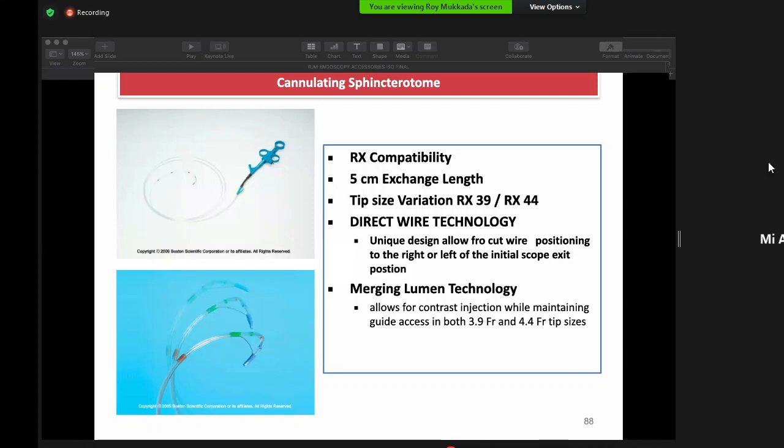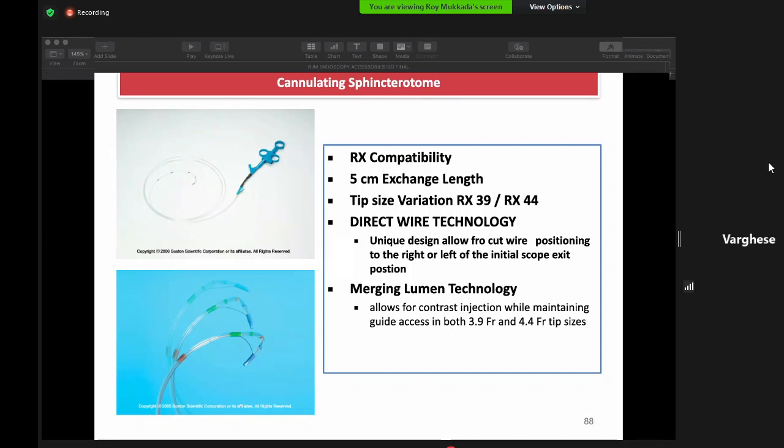It can be used for cannulation as well as for cut. It's a sphincterotomy also. So basically, when you have to do a cannulation, and then only you can do a sphincterotomy.